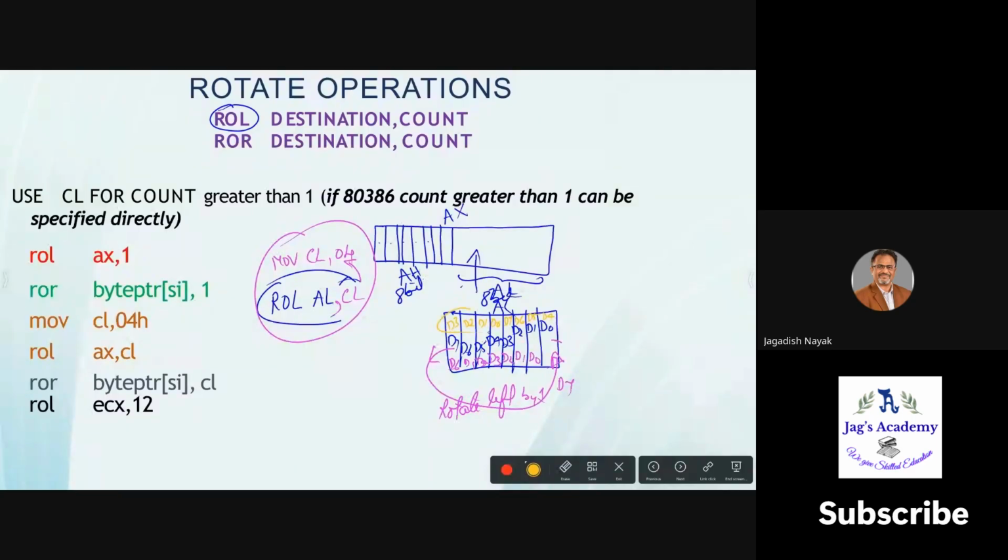So this is the content of the register AL after rotating left 4 times.